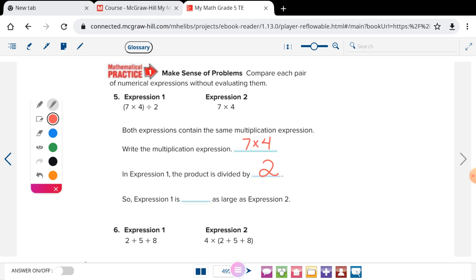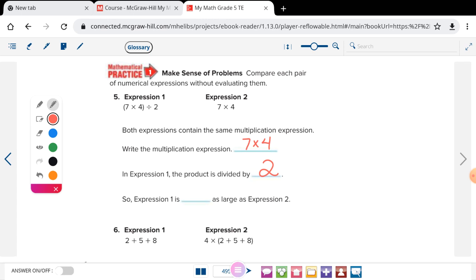If we divide something by 2, how does it compare to the other one? It does make sense. You just got to think about it. If I have a cookie and I break it into 2 equal parts, the new cookie is how much as large as the original?